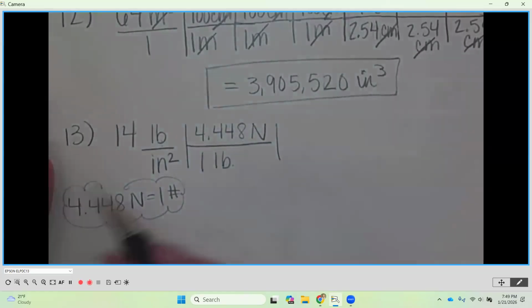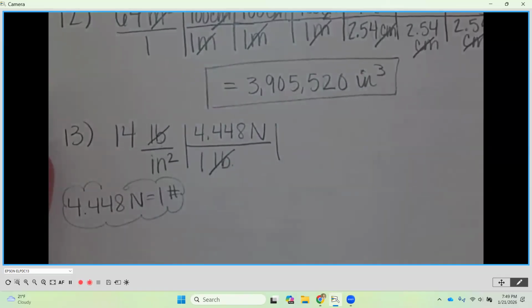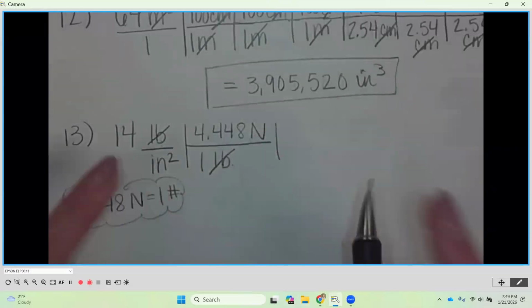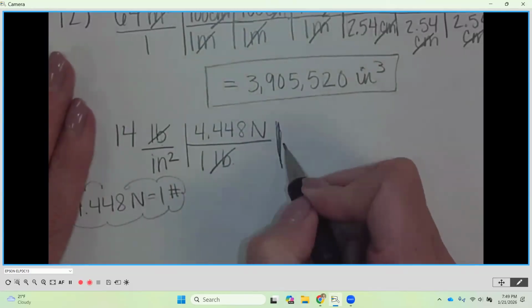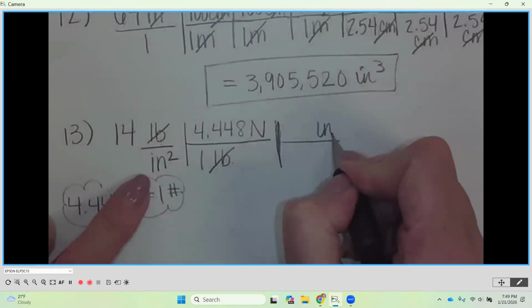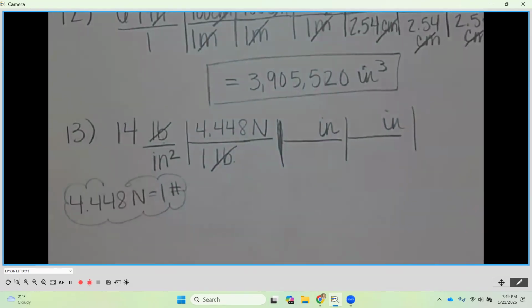Okay. Multiply across the top, divide by the bottom. My pounds are going to cancel. So newtons per square inch is what I have. I need to get to newtons per centimeter squared. So now I'm going to add another ratio. Inches squared is on the bottom, so I have to go inches on top and inches on top, 2 of them, right?